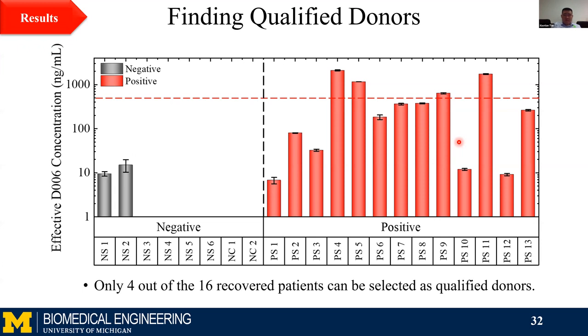So as I mentioned, our assay can generate results within 15 minutes, which means if we can deploy one of the systems to a blood collection trial, we can probably do an on-site evaluation of their serum using fingertip blood to evaluate which recovered patient is the best donor candidate for the convalescent plasma therapy.